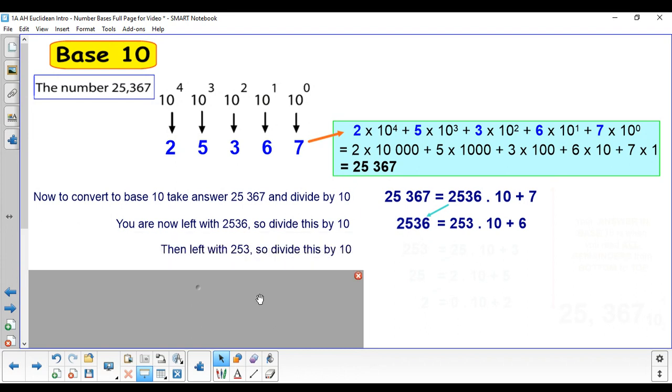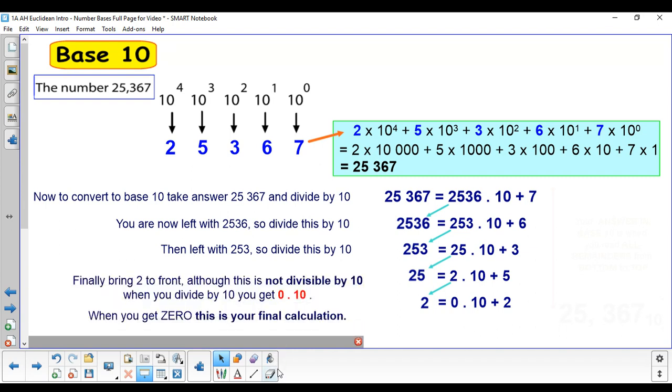You're still dividing through by 10, so now you've got 2, 5, 3, you've got 25 and 3 left over, and you keep going, and you've got 2 with 5 left over, and then bring down the 2, and you've got none at all with 2 left over.